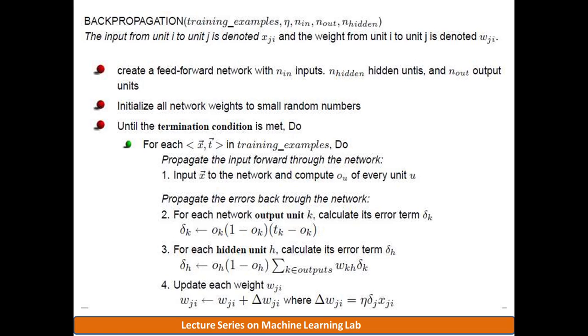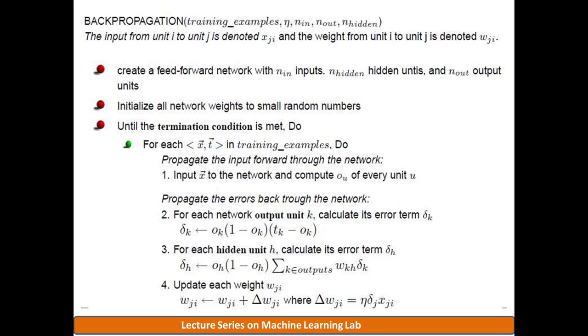Let us have a look at the backpropagation algorithm. It takes five inputs. One is the training example, and second is eta, that is the learning rate. Third is n in, which is the number of input units, n hidden, which is the number of hidden units, and n out, which is the number of output units.